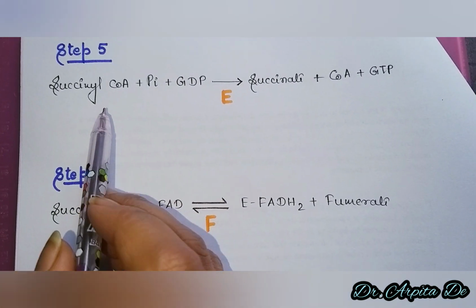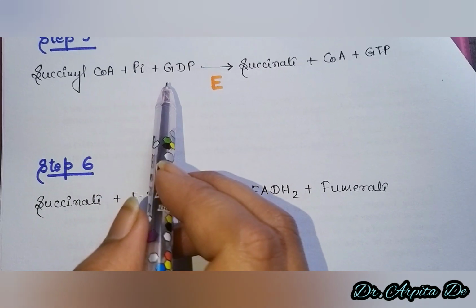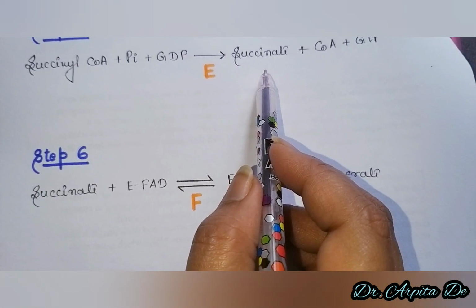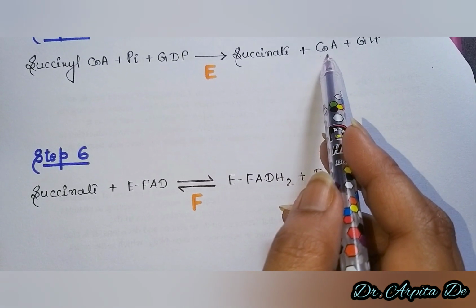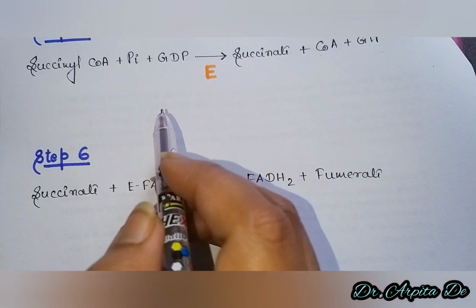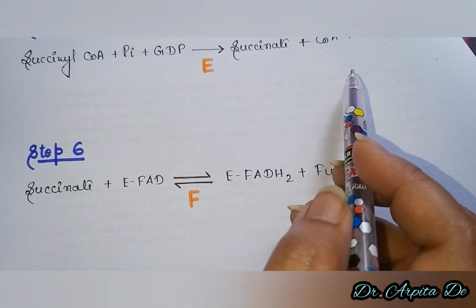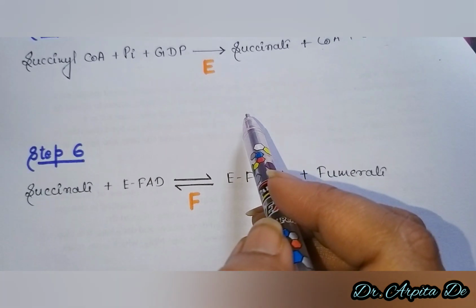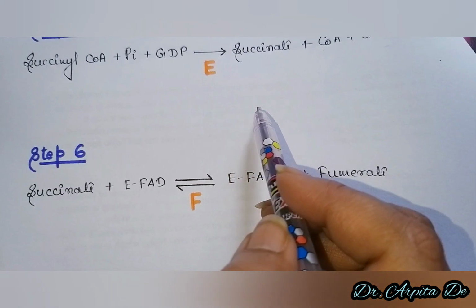Now step number 5. The succinyl CoA formed in the previous step now gets converted to succinate, and you get coenzyme A and GTP. Now see, this GTP formed here is used for decarboxylation of oxaloacetate to PEP in gluconeogenesis. You will have to remember this.